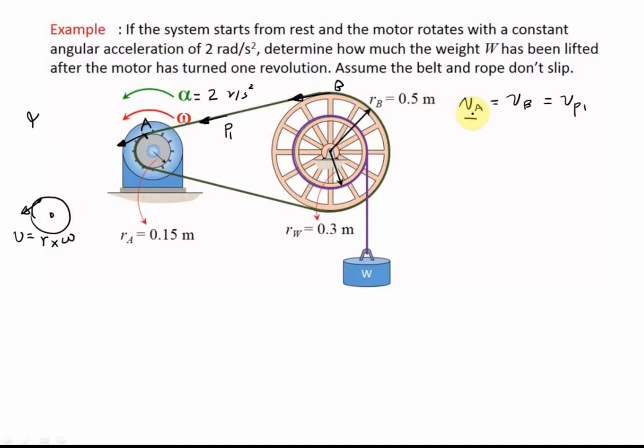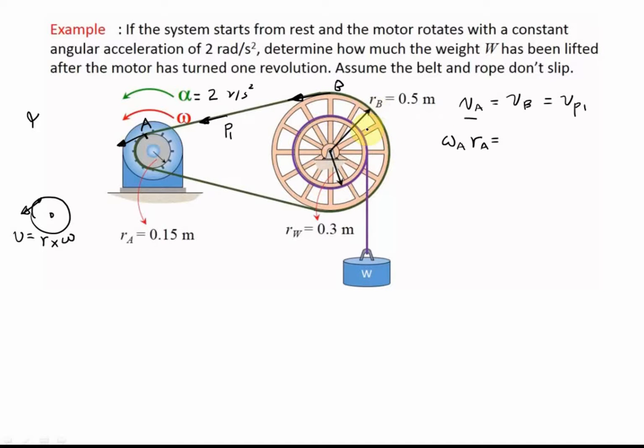So VA is determined by omega A, the angular velocity of this motor, and RA, right?